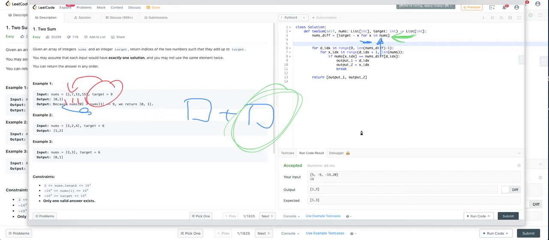For each value in there, please take the target and minus that. So in this particular case, for example, 6 minus 3 is a 3, 6 minus 2 is a 4, 6 minus 4 is a 2. So that's going to become what I'm calling the nums difference array.